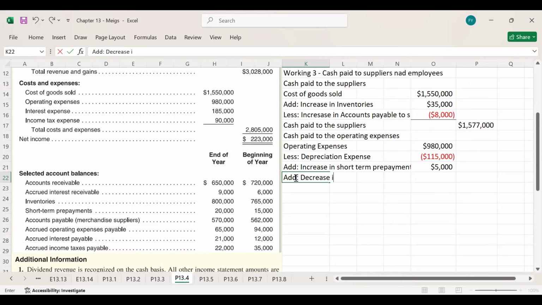We are going to add any decrease in accrued operating expenses payable. So 29,000 is the net decrease, so add 29,000.